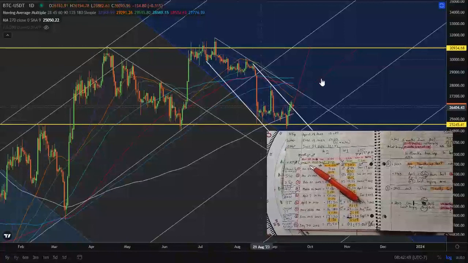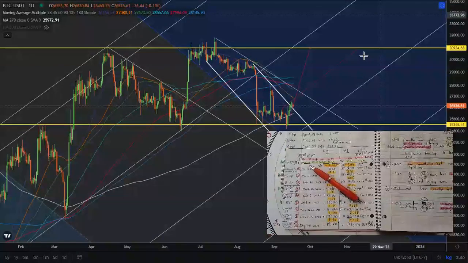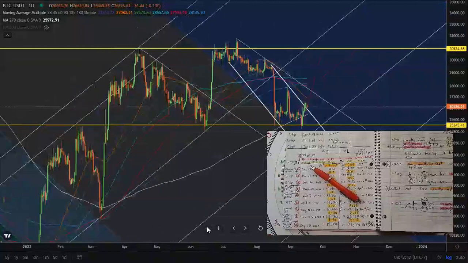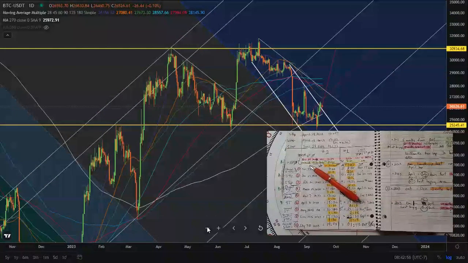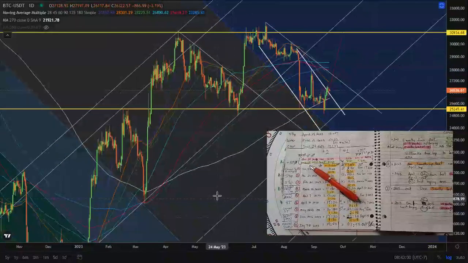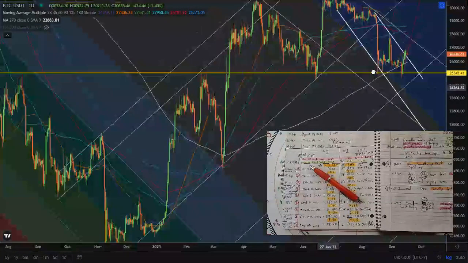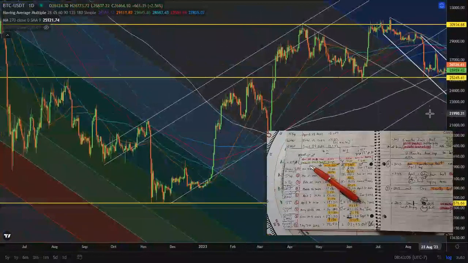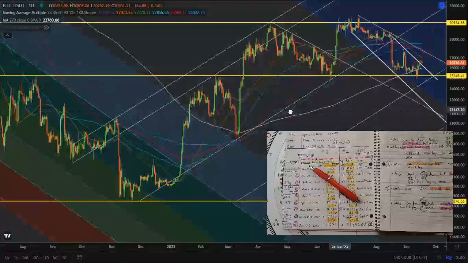I guess this computer doesn't want to. All right, so we're talking about this bottom from November here.